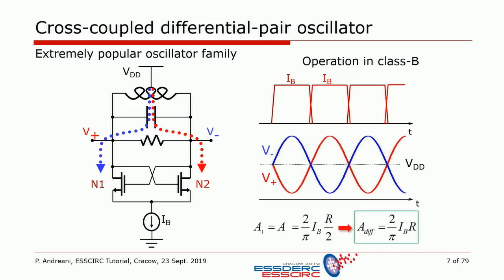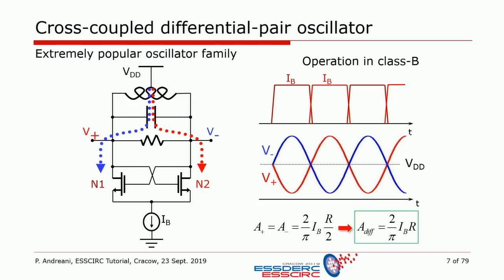If we calculate this at the resonance frequency, we know that the fundamental current harmonic for a square wave oscillating between IB and 0 is 2/π times IB, and then this is multiplied by the impedance of the tank.